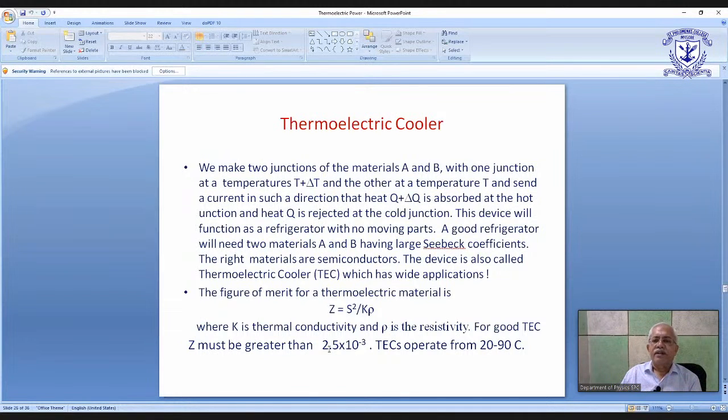Now what we can do is connect the hot junction to a heat exchanger, which can simply be a block of highly conducting metal, to take away the heat which is deposited into the plate by the hot junction.